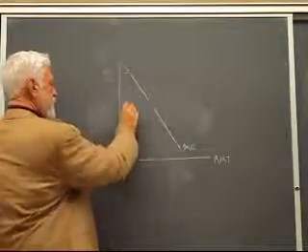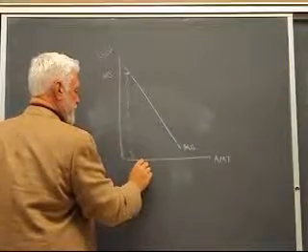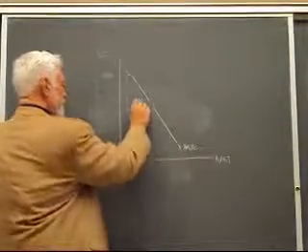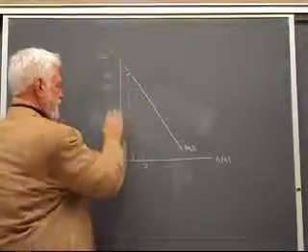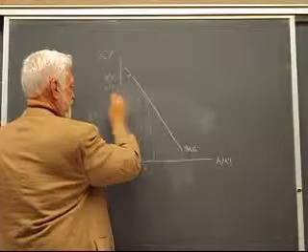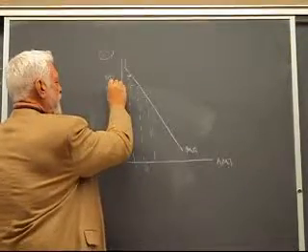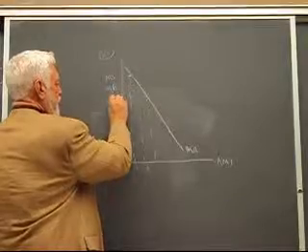So the first slice of pizza tastes really good. The second slice of pizza, well, it tastes good, but it's not quite as good as the first slice. Third slice of pizza. With each slice, the marginal benefits are less and less.